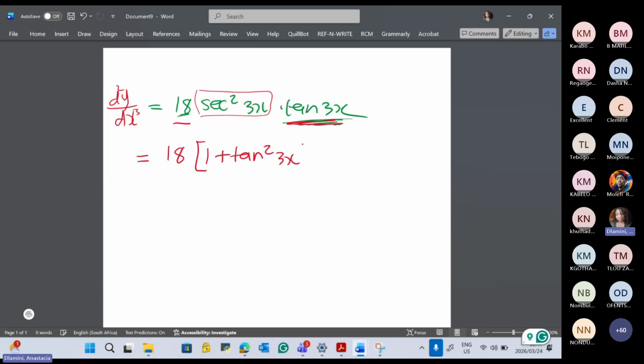Are you sure? Oh, yes. So this makes it easier because we then have 18 times tan 3x plus tan cubed 3x. Do you see why it makes it easier when we use the identity?